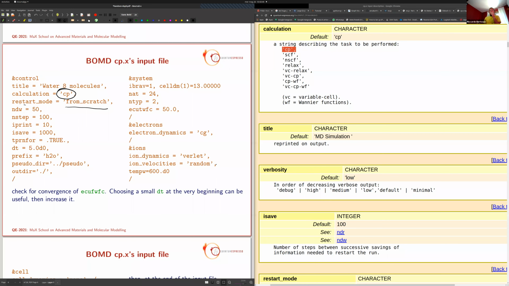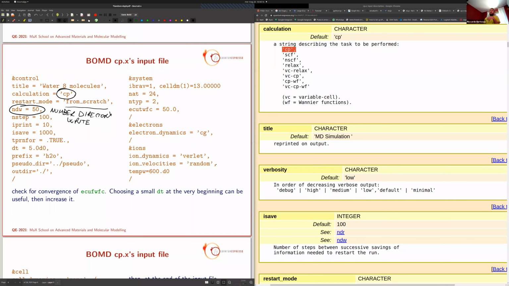Then this is the directory write, and basically it tells the code the name of the directory where it is going to write the restart files that we will read later with the next step.